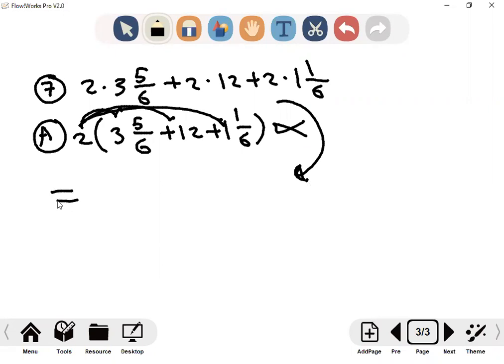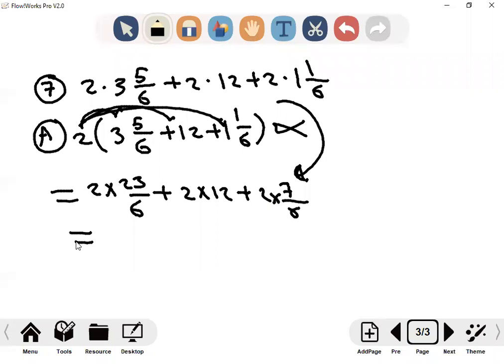We have multiply, multiply, multiply, so we do multiply first. Mixed number: 6 by 3, 18, plus 5. So 2 multiply 23 over 6, plus 2 by 12, plus 6 by 1, 6 plus 1, 7 over 6, all multiplied by 2. I prepared just the mixed numbers, okay? Now here you can cross, remember?